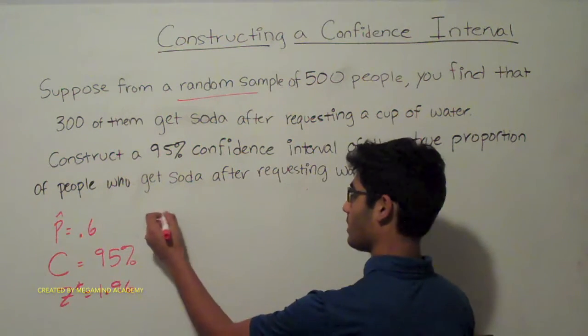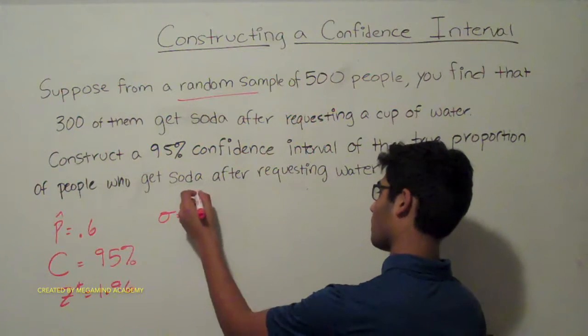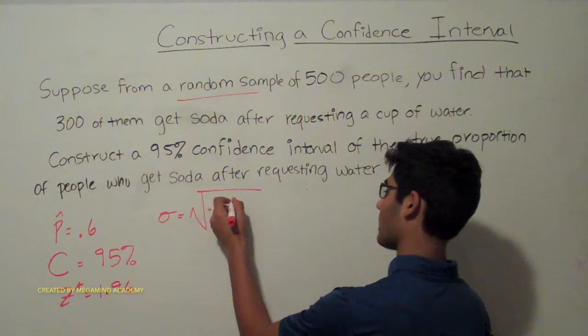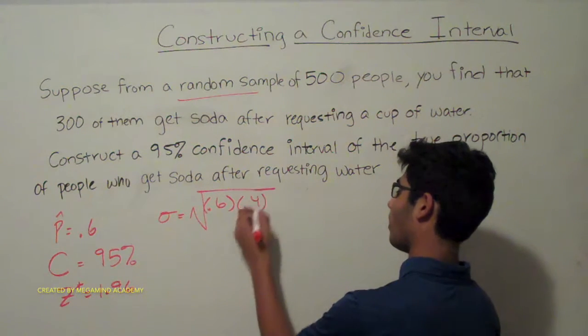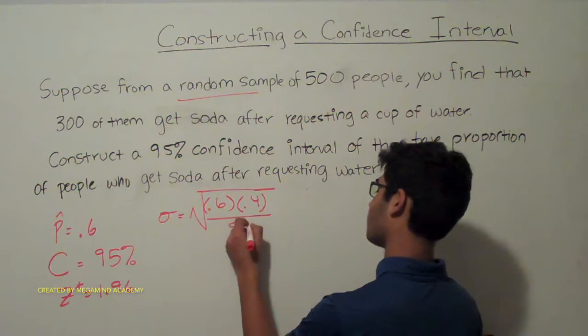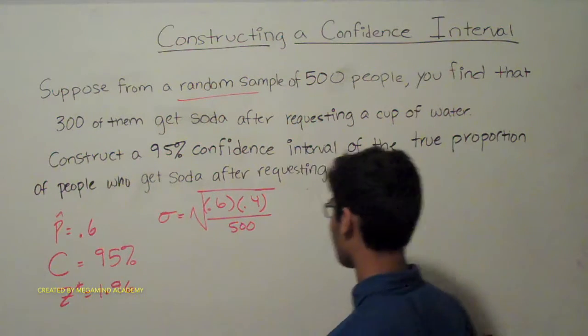Our standard deviation would be the square root of 0.6 times 0.4, or 1 minus 0.6, over 500. So now we're set. We just have to plug it into our formula.